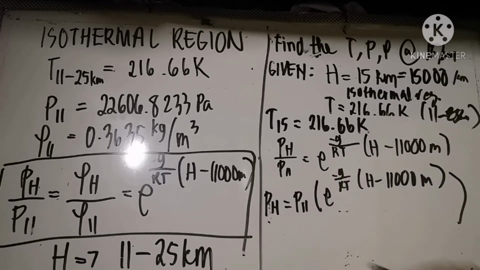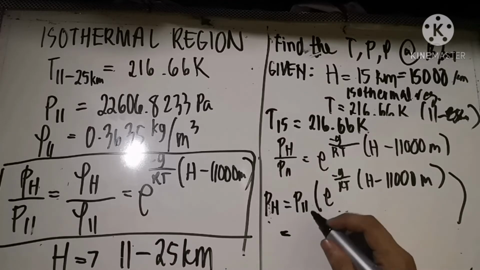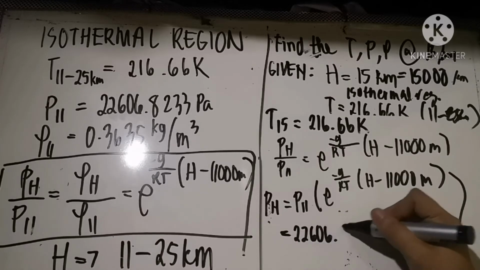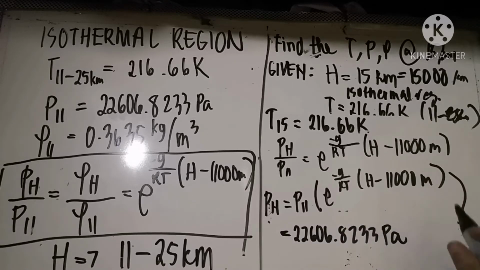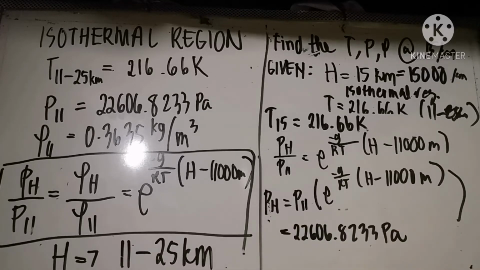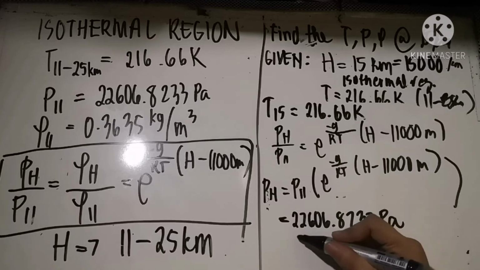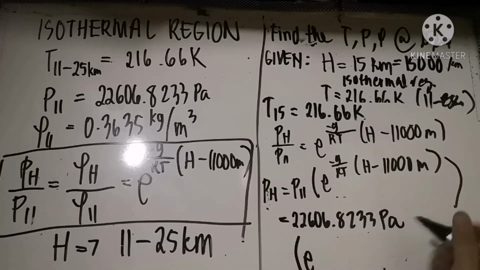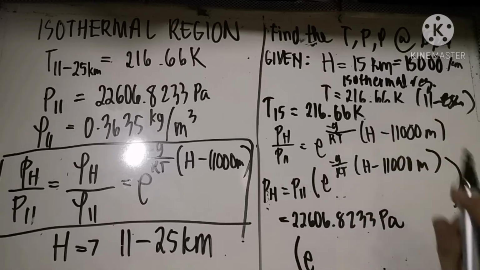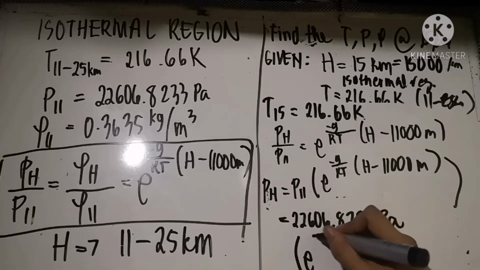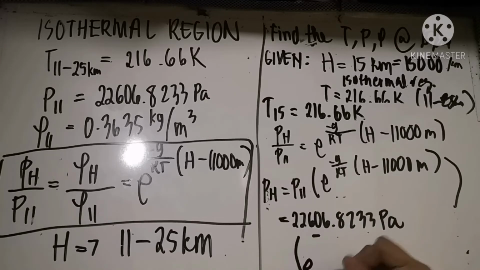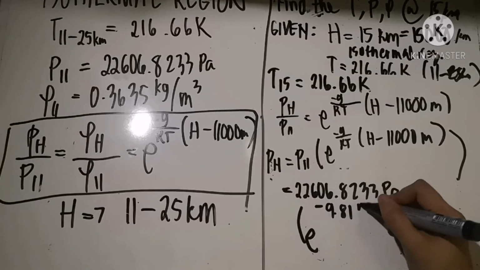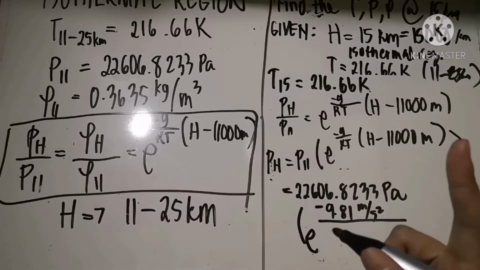So, let's insert na the values. What is your pressure at 11 kilometers? 22,606.8233 pascals times E raised to negative G. Naka-metric to, so gagamitin natin gravity na naka-metric, which is 9.81 meters per second squared over what is your R?